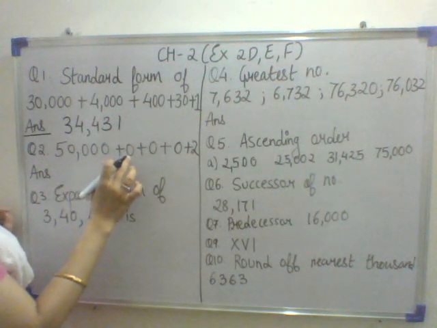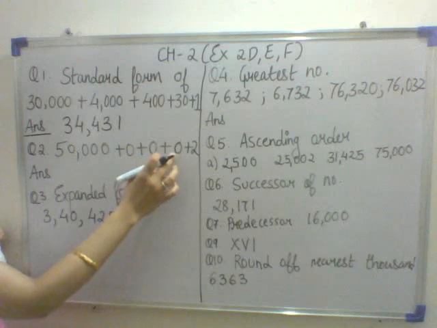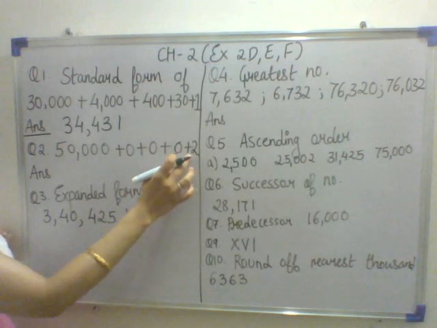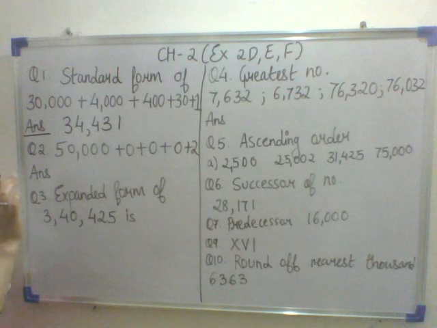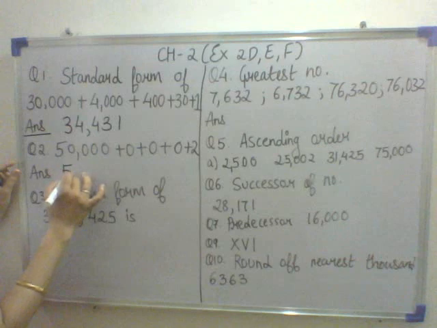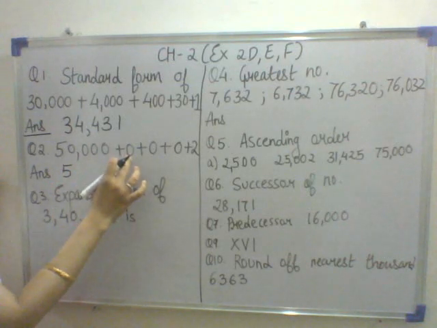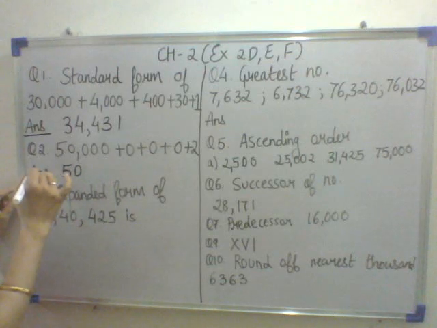The next, you have to write the standard form of 50,000 plus 0 plus 0 plus 0 plus 2. So what will you be doing? At first you will write this number 5 as it is. Then see, next 0 is there. 0 means no number is there, so you will put a 0.